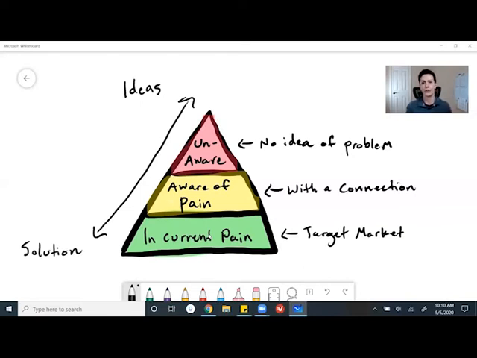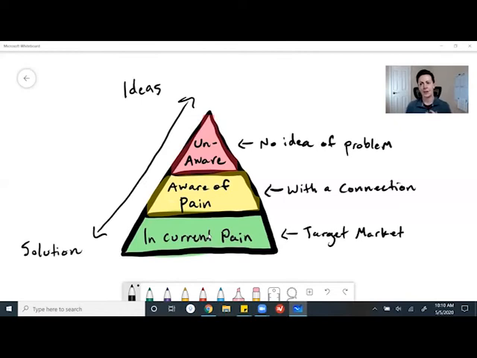Other founders or other people having similar ideas for solutions is actually a good sign. It means the problem you're solving is prevalent. It means it's needed. There's a market for it. So ideas can be great, and ideas can work, but really you want to pinpoint solutions. You want to be solving a problem. That's going to help you figure out what end of the spectrum you are on.